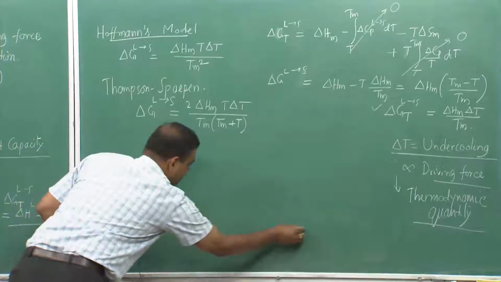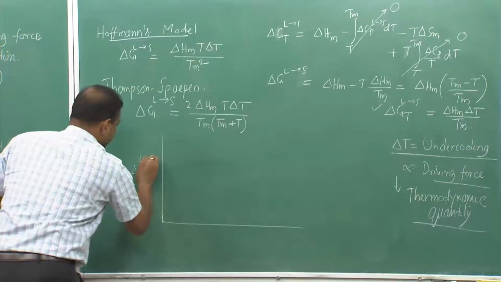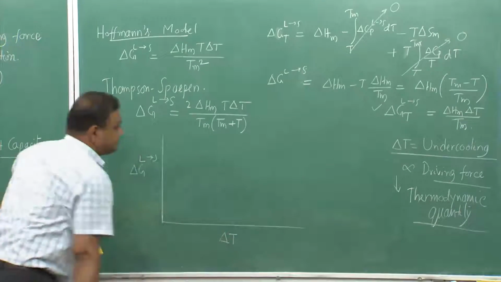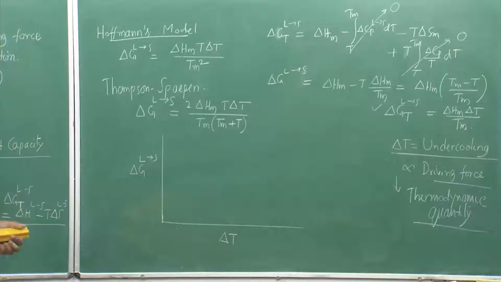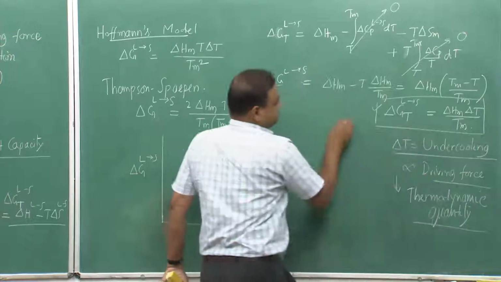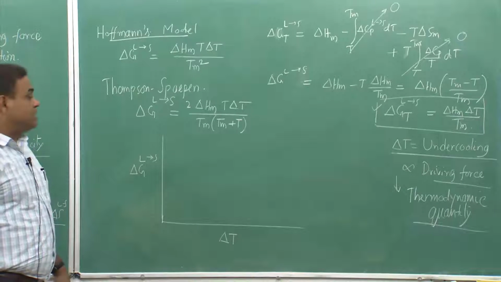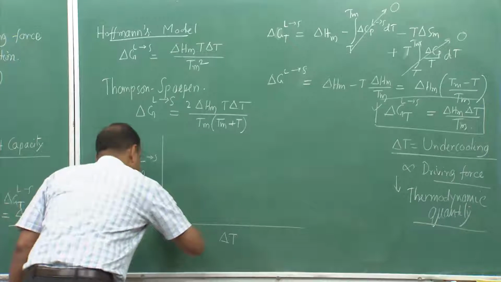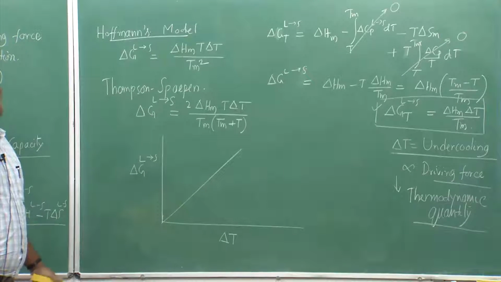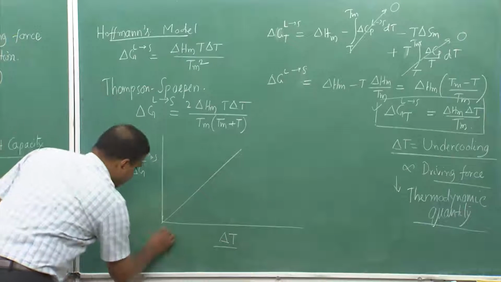I would get a plot where this is del G liquid to solid and this is del T. Now, if I try to see this expression, since del Hm and Tm are both constant for a particular metal, I would get a straight line as a function of del T, which is a straight line equation. And here del T is 0.